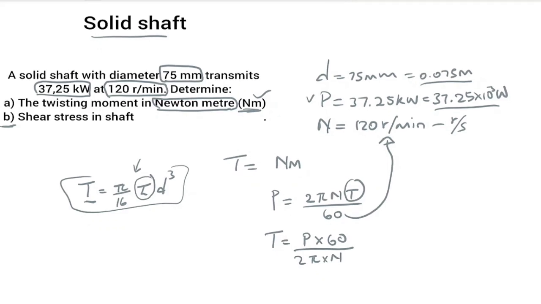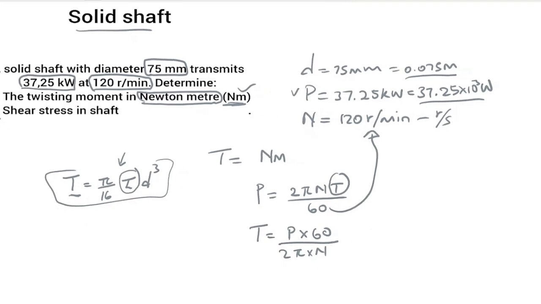Here, let us move a little bit. We have to substitute the power: 37.25 times 10 to the exponent 3. That's the power, then times 60, the conversion of rotational speed.